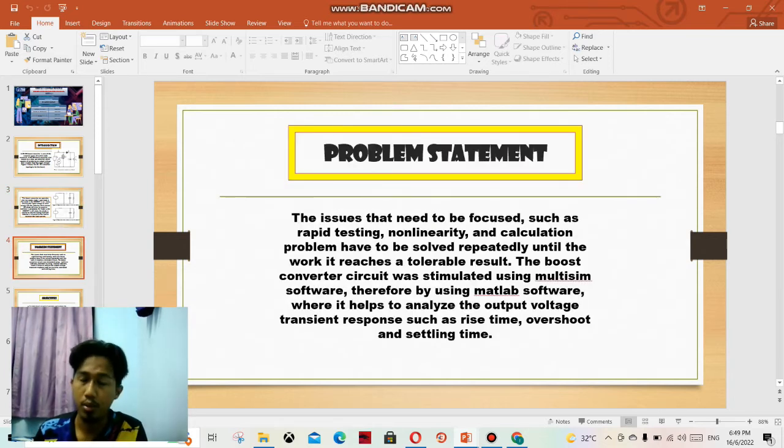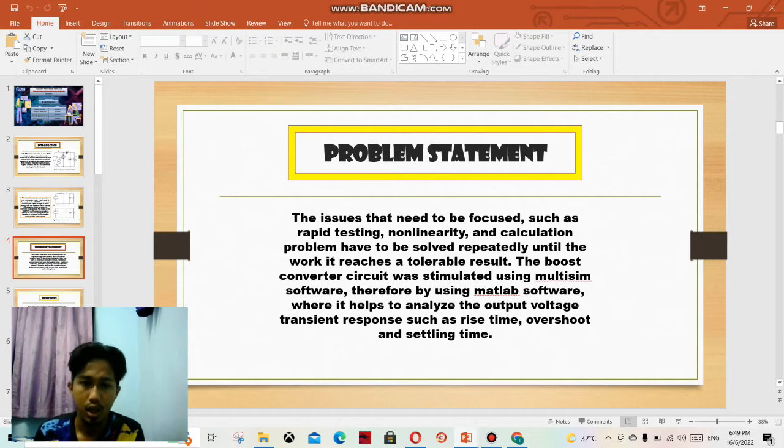For the problem statement of this project, the issues that need to be focused on are rapid testing, non-linearity, and calculation problems, which have to be solved repeatedly until the work reaches a tolerable result.